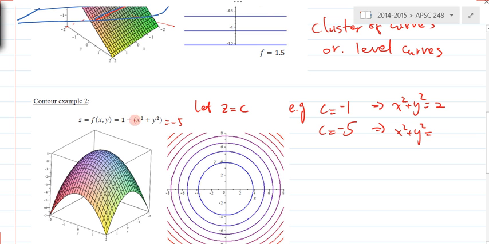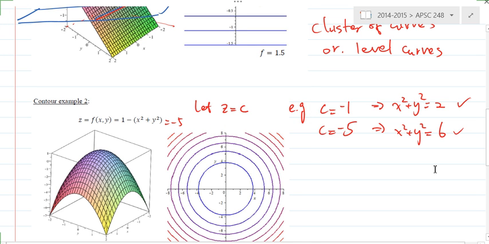Basically, these are circles, and after plotting, you have a cluster of circles.